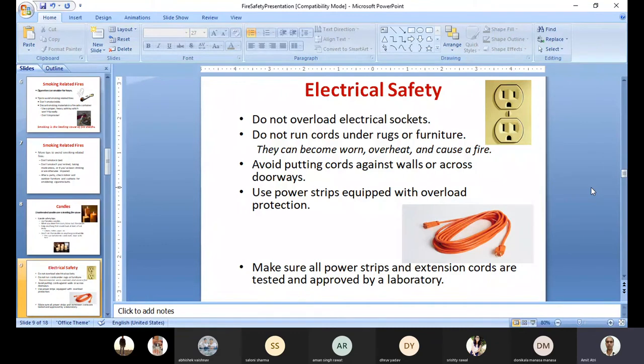This needs some consideration, and it is also related to your syllabus, that why overloading should be avoided. First of all, any type of device is consuming some power.